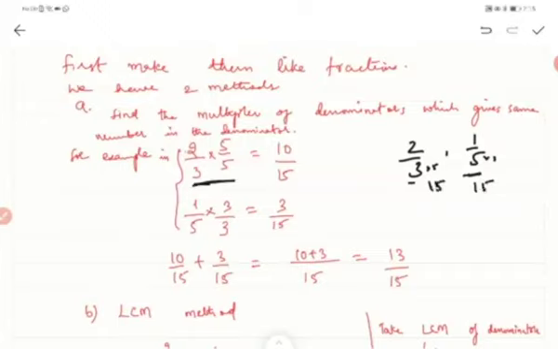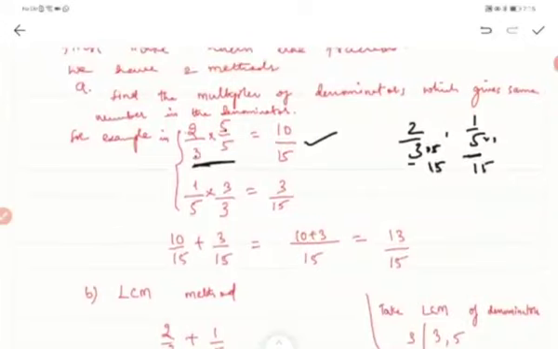So 2 by 3, if you want to multiply in the denominator, obviously you need to multiply in your numerator, isn't it? So that when it gets cancelled, it will remain only 2 by 3. So this will be 2 by 3 into 5 by 5, so you'll get 10 by 15, right? 5 2s are 10 and 5 3s are 15.